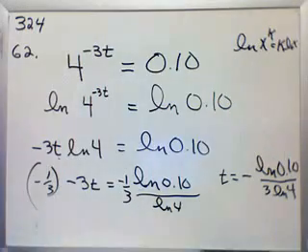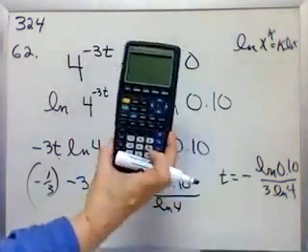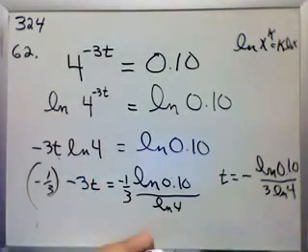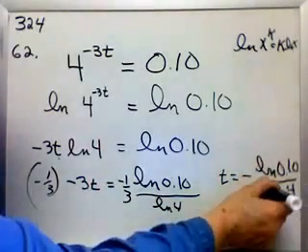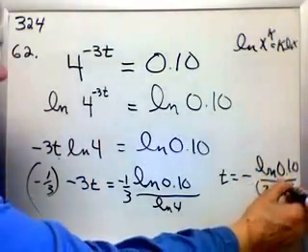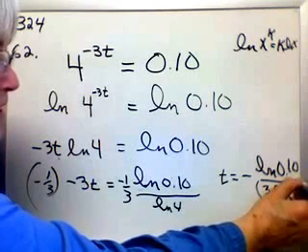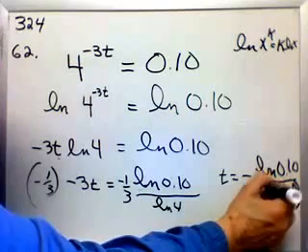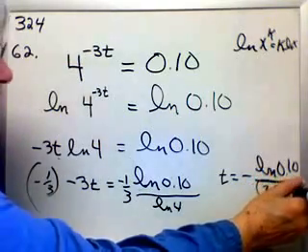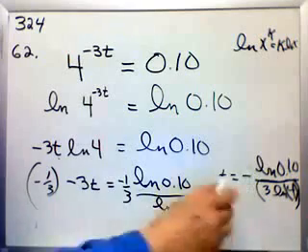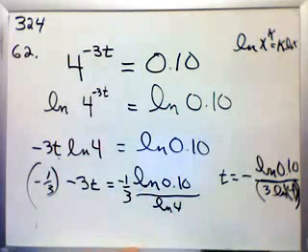Now, I have an older type TI-83, and so when I type this into my calculator, I have to use parentheses here, and you know your calculator puts parentheses there, so at the end here you need sort of a double parenthesis. Now I don't know if some of the new calculators are that fussy, and I think the minus sign that you use, you have to use the little minus sign that's in parentheses.